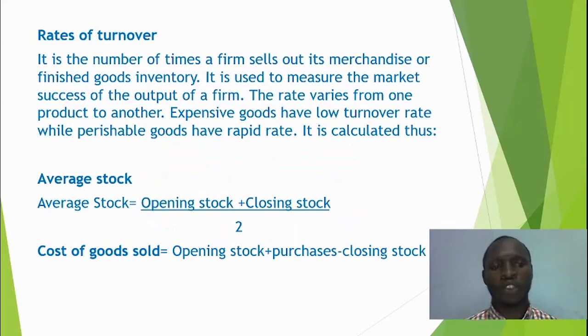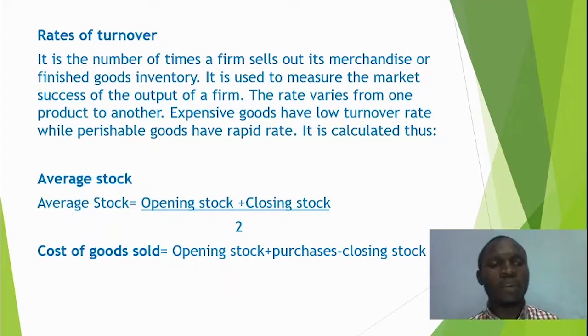We have rates of turnover. Just like turnover has to do with the sales made by a firm over a period of time, rate of turnover is concerned with the number of times that a firm is able to sell its inventory, the number of times that a firm is able to empty its stock and also replenish the stock.